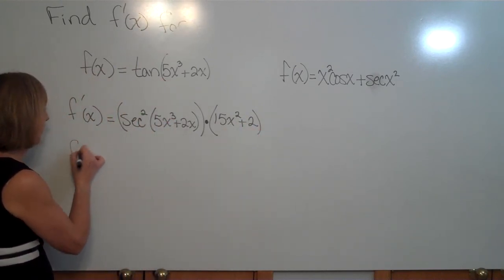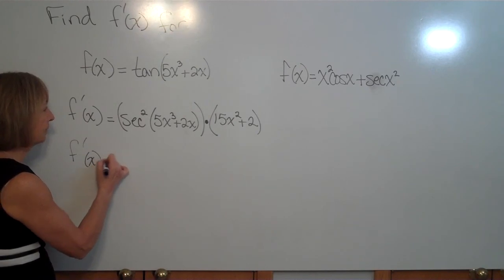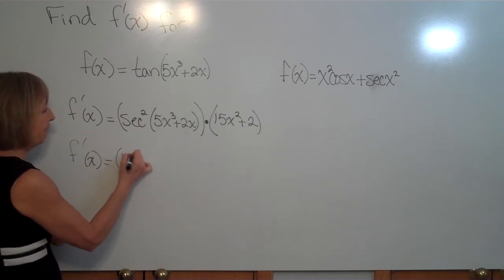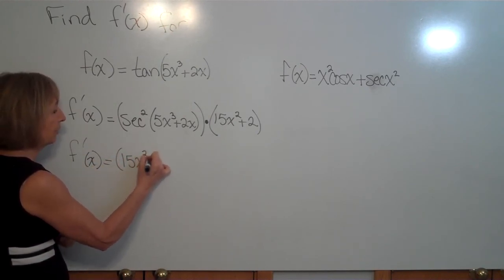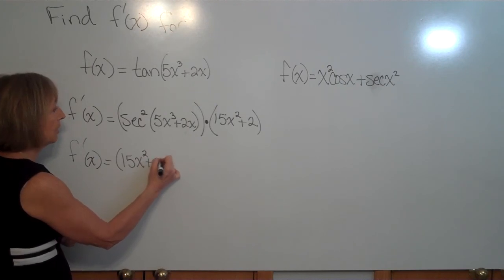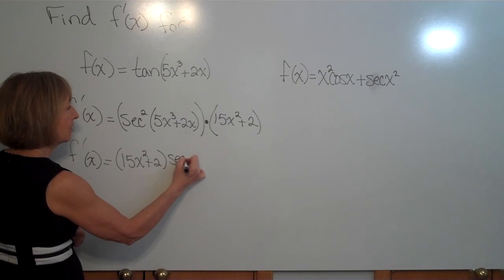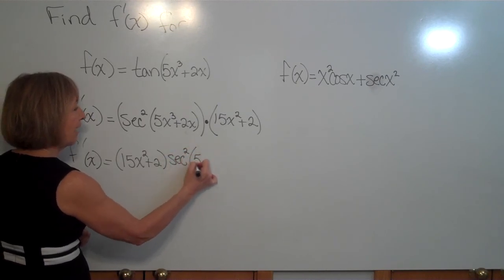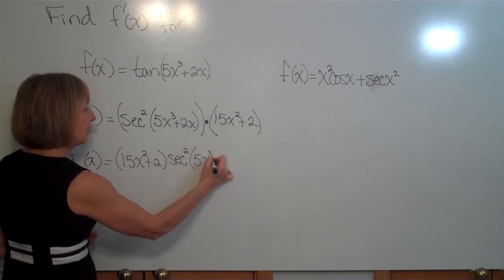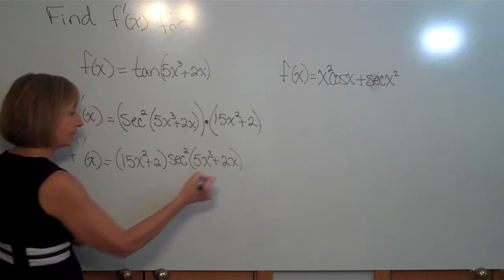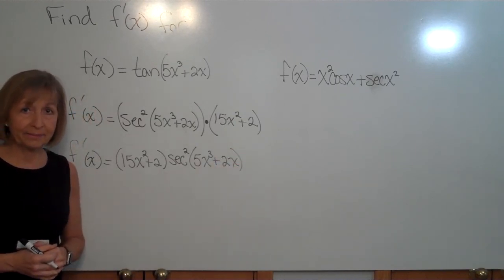Now rewriting it, my f prime of x, I will have the 15x squared plus 2 times secant squared of 5x cubed plus 2x for our derivative.